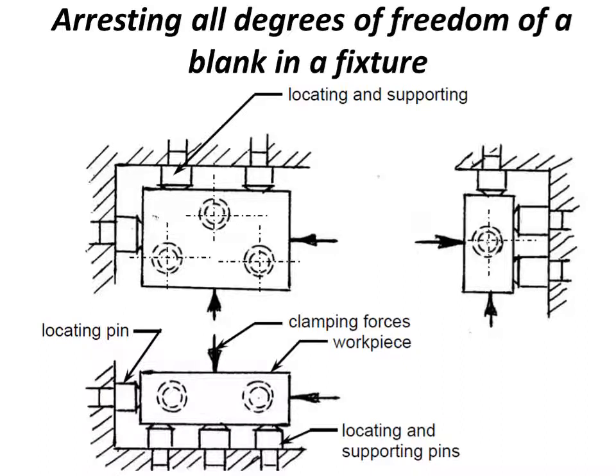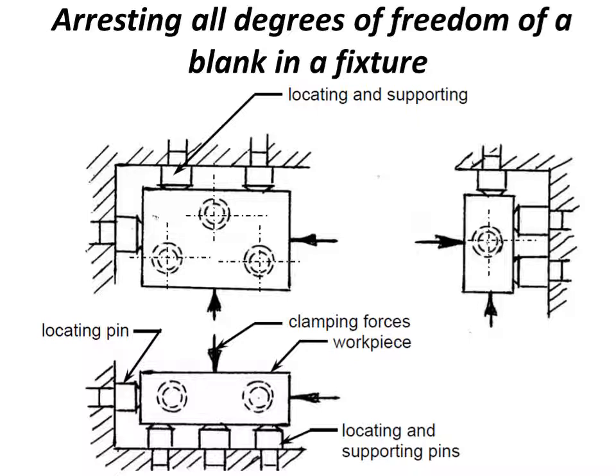Now we will learn arresting of all degrees of freedom of a blank in a fixture. This is one of the most important aspects as far as fixture design is concerned. Any free body in space has 12 degrees of freedom, and for machining it is necessary that all the 12 degrees of freedom are arrested.